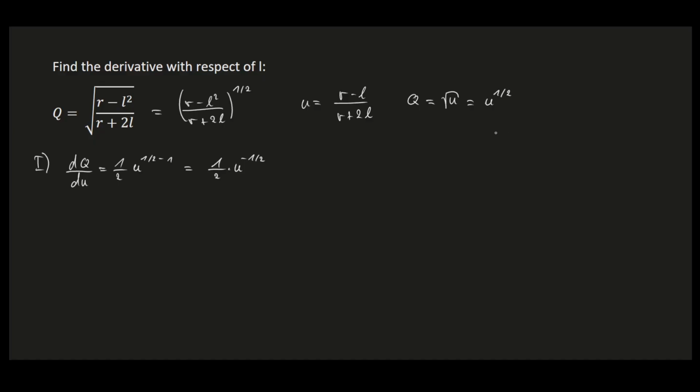Just for clarification, u to the minus 1/2 is the same as 1 over the square root of u, so that our letter u goes straight to the denominator, and we have 1 over 2 times the square root of u.